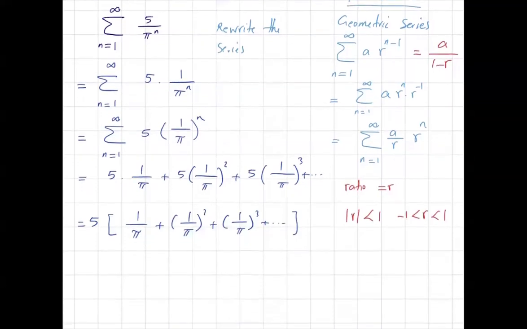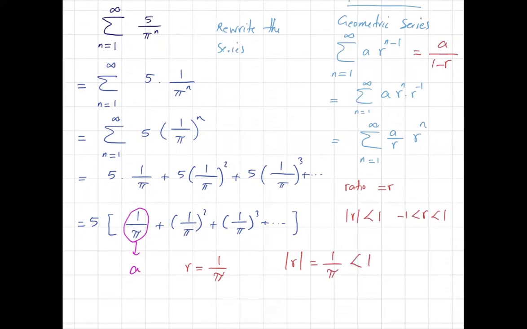So basically, the very first term is representing your a, and the ratio is equal to 1 over pi. If I take the absolute value of r, this is the absolute value of 1 over pi. Pi is just a positive number, and 1 over pi is indeed less than 1.